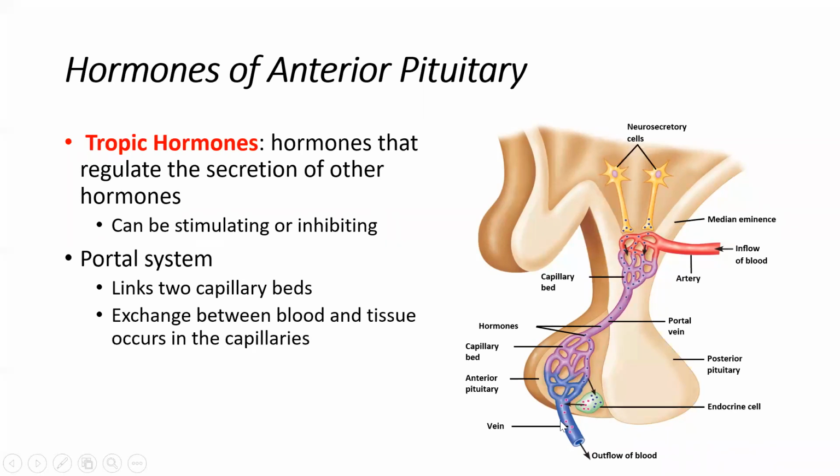And these trophic hormones will enter the blood and go out to their respective organs: thyroid, testes, etc. Okay, so the portal system is crucial in getting the hormones that are made in the neurosecretory cells of the hypothalamus, getting those trophic hormones to go down to the pituitary, influence the pituitary to secrete a second set of trophic hormones that can then go out to all of those target endocrine organs.